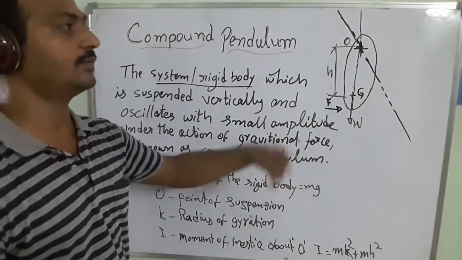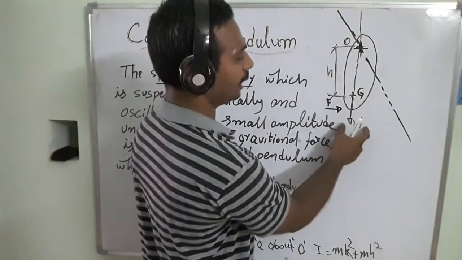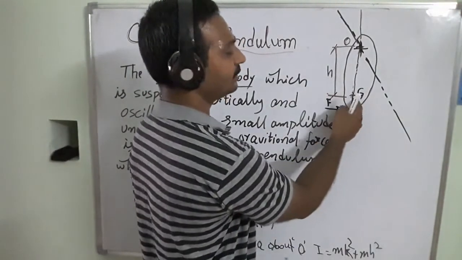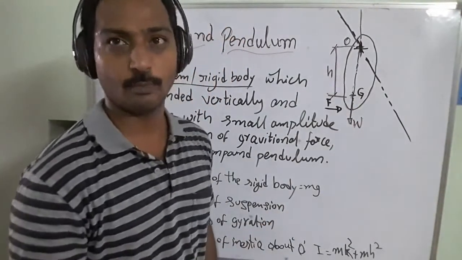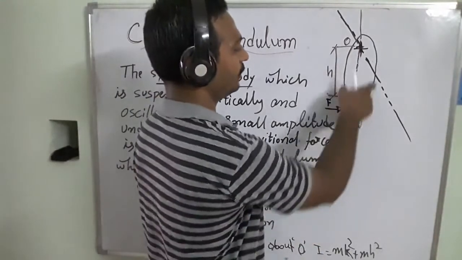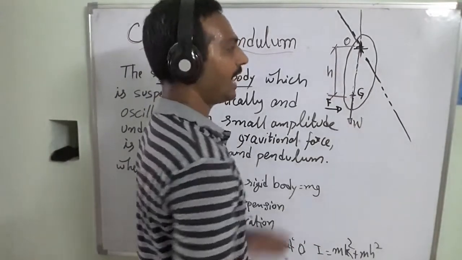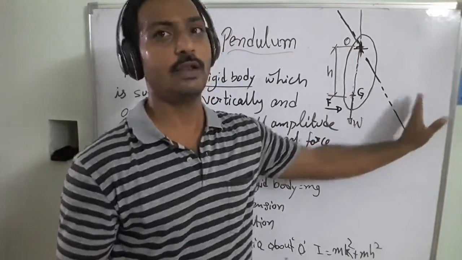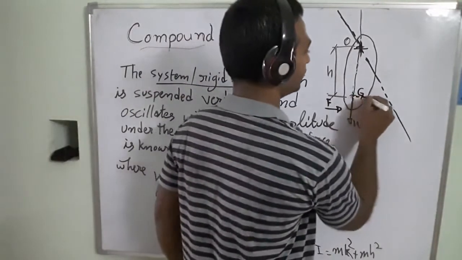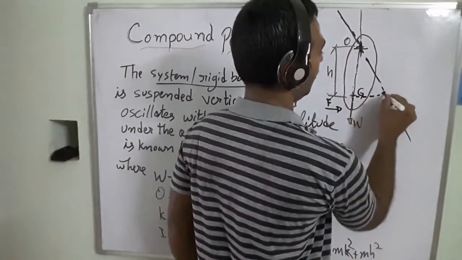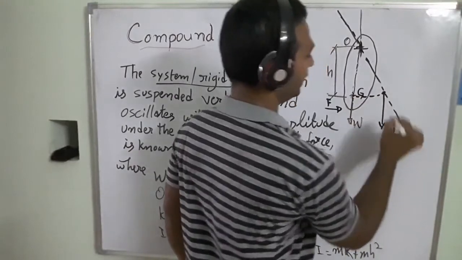The gravitational force will allow this. W is the weight of the system, which passes through the center of gravity of that body. W pulls in the downward direction. When I shift to the new position, can you see, this is the body and the weight acts in this direction.